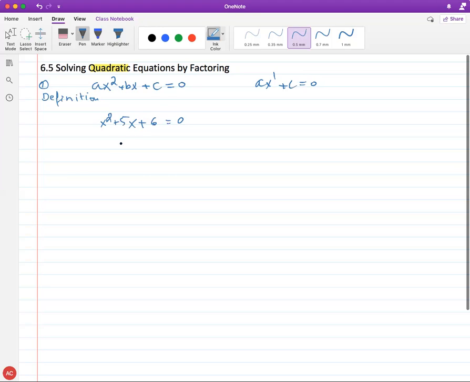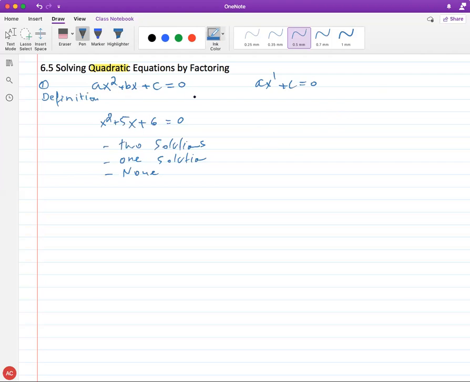So second degree equations may have two solutions, or one solution, or none. It's possible to have no solution for quadratic equations.